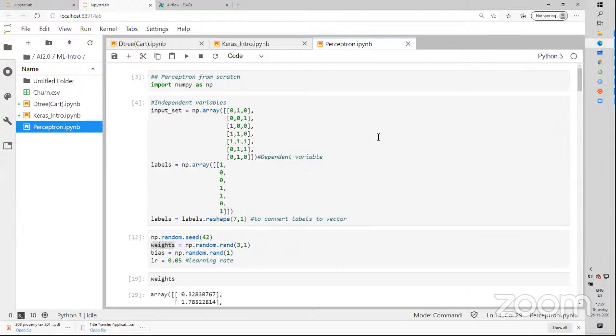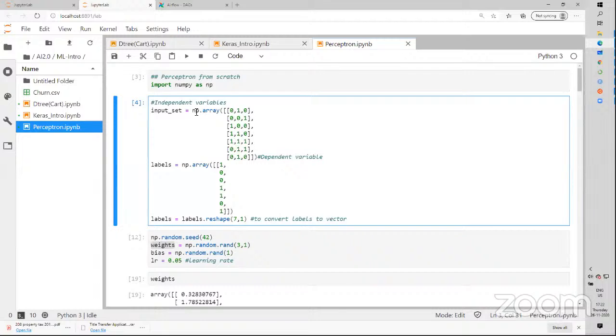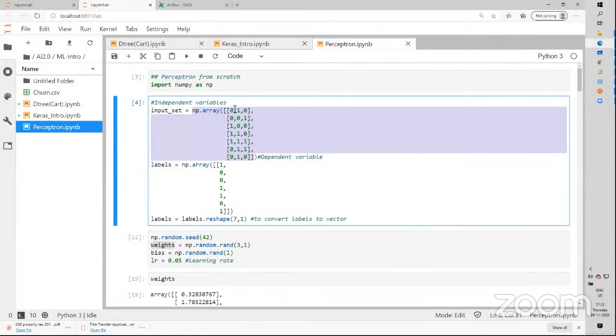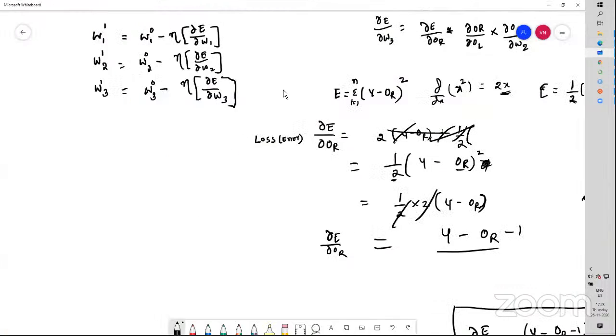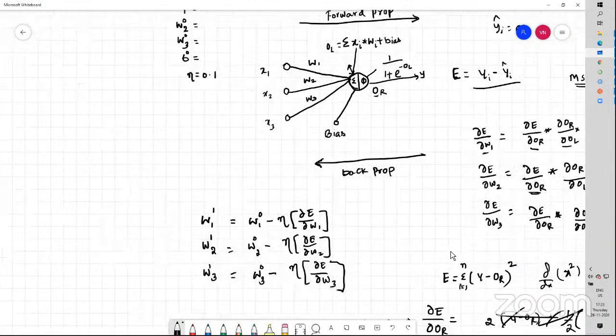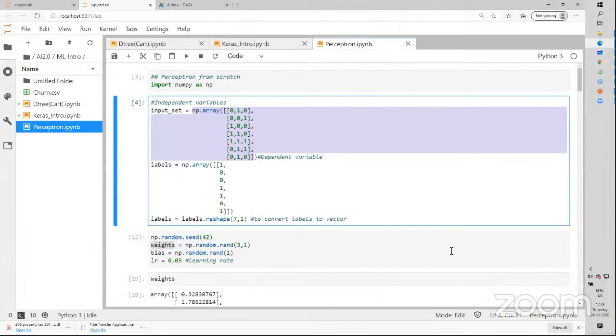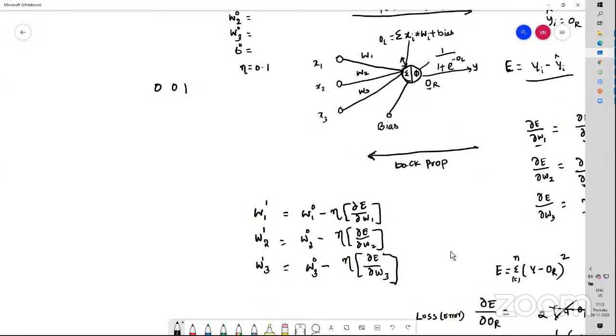In a program, it looks much simpler than it actually looks. So let's see how we can do that. This is my input array. These are the inputs that we are creating. What are the inputs that we are passing here? For example, the first input that we are passing to the neural network is, let's say, 0, 0, 1. And the remaining: 0, 1, 0.